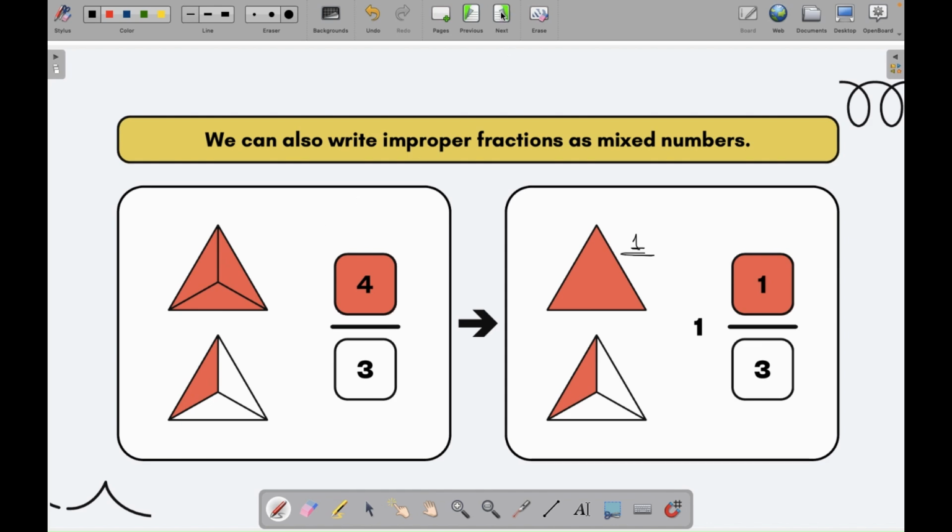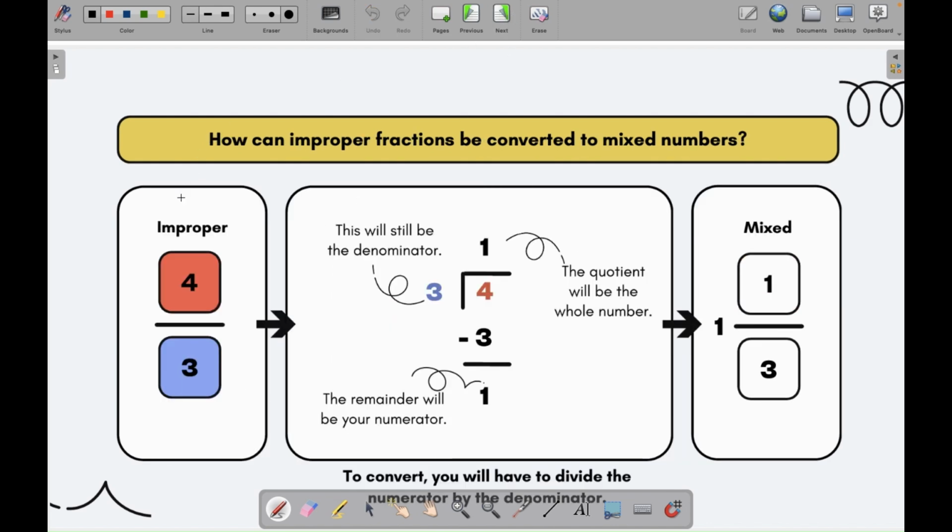Right. We'll also have this numerical method that we can use to convert an improper fraction to a mixed fraction. We have seen how to convert mixed to improper. We are now doing improper to mixed. So what do we need to do? We just have to divide the numerator by the denominator. The denominator is the divisor, the numerator is the dividend. So we are dividing the numerator by the denominator, and then we get a quotient and a remainder.